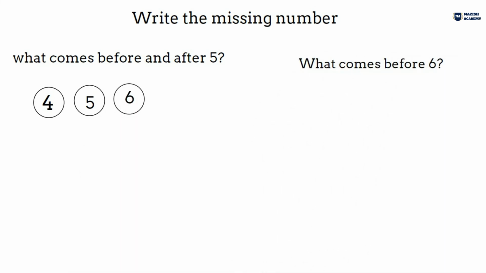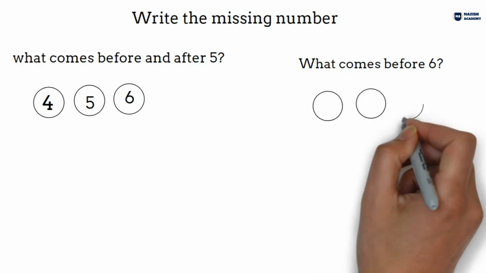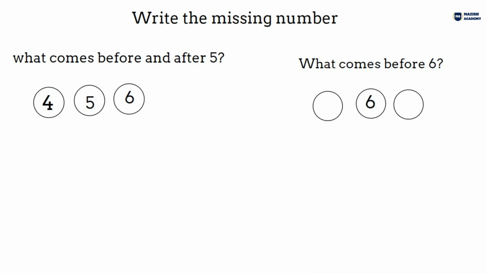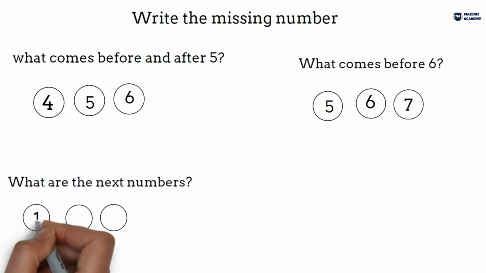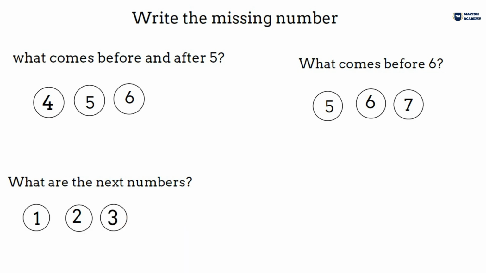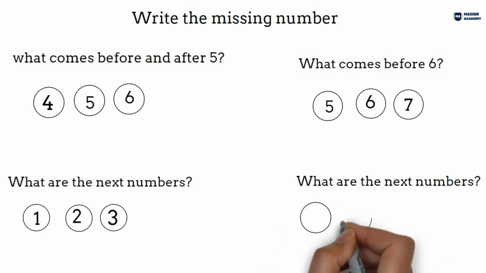What comes before 6? 6 से पहले कौन से नंबर आते हैं? आपने भी जाना है 1 to 9 काउंटिंग, बता दो। Yes, 6 से पहले 5, good. What are the next numbers? 1 से आगे और कौन से नंबर आते हैं? 2 and 3, yes. 1 के बाद 2 and 3 आते हैं.